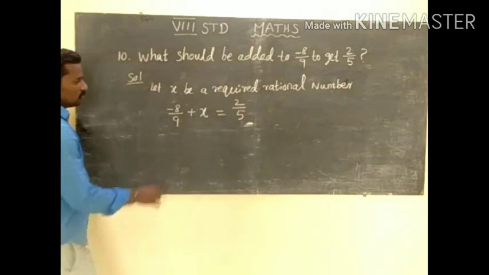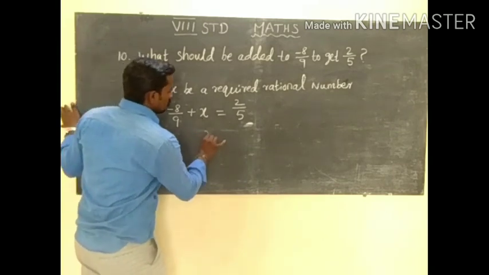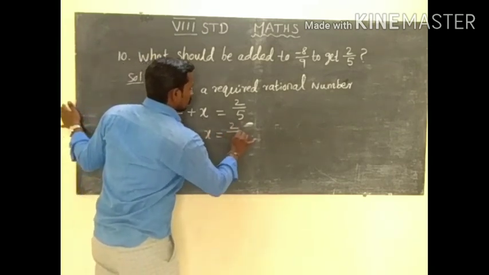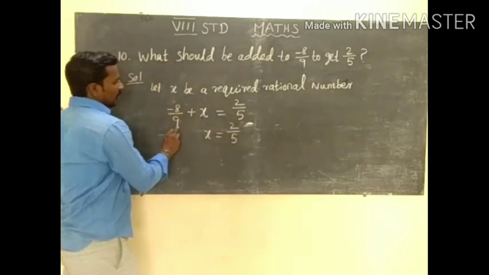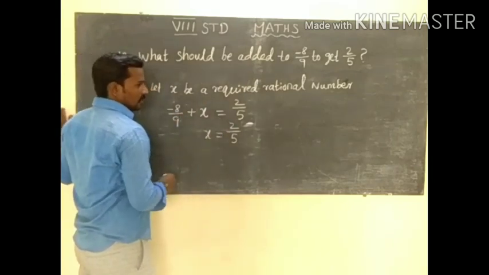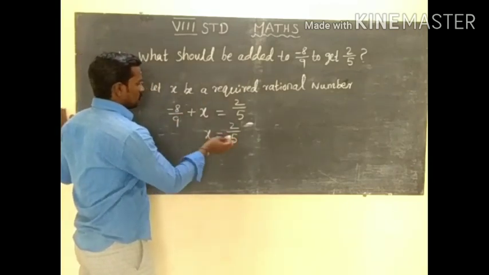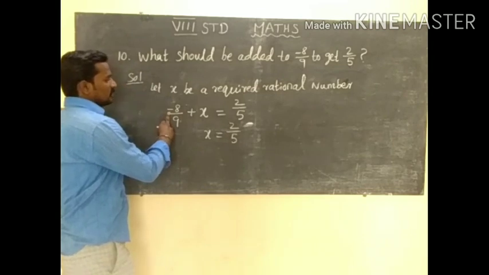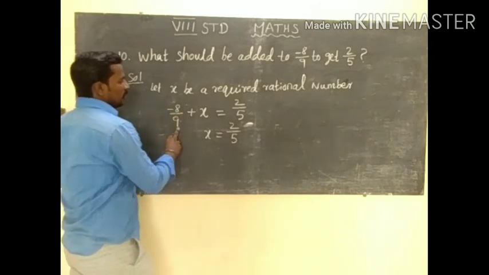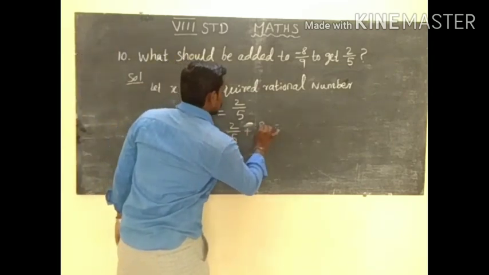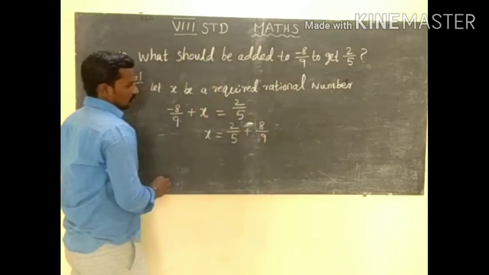This is your question. So we want x, so making the transformation, this minus 8 by 9 is transferred to the right side, LHS to RHS, and we get a sign change. So minus 8 by 9 changes into plus 8 by 9.